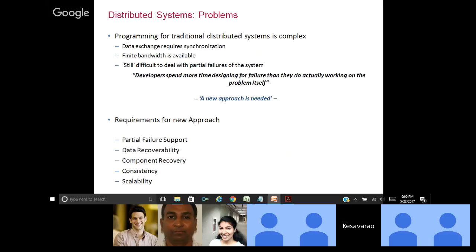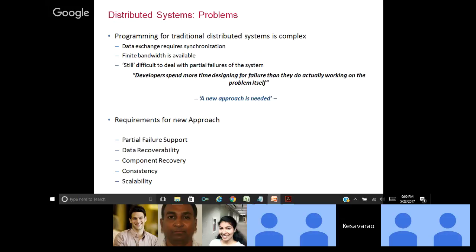Specific to data exchange, just keeping the data in sync, like keeping it synchronized, is a big painful job. And it needs finite bandwidth, it has limited capacities, storage-wise, capacity-wise, infrastructure-wise.